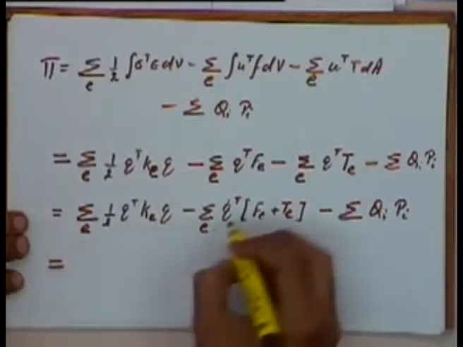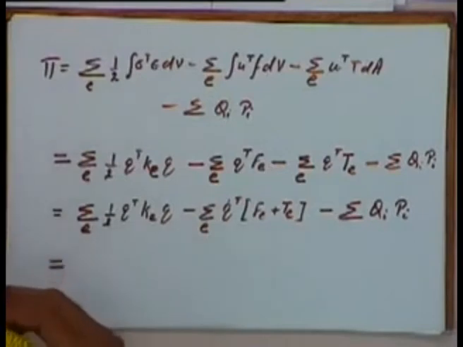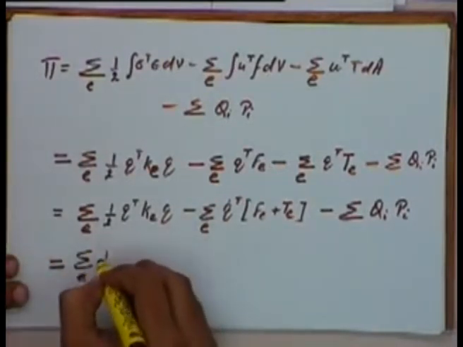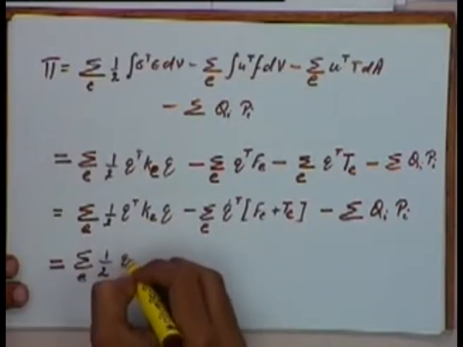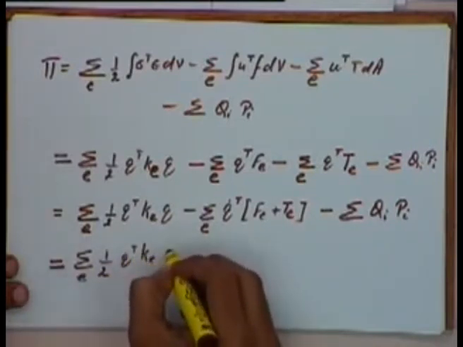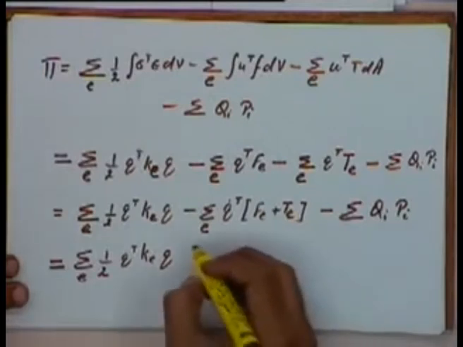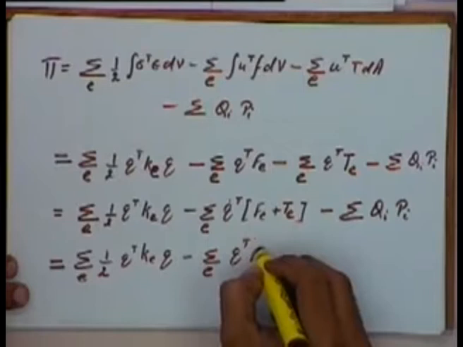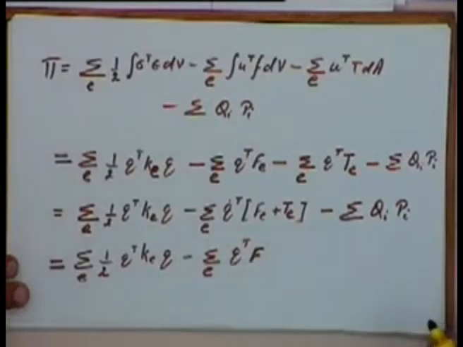I'll write that as summation over all the elements of half Q transpose KeQ minus summation over all the elements of Q transpose multiplied by the element force vectors.